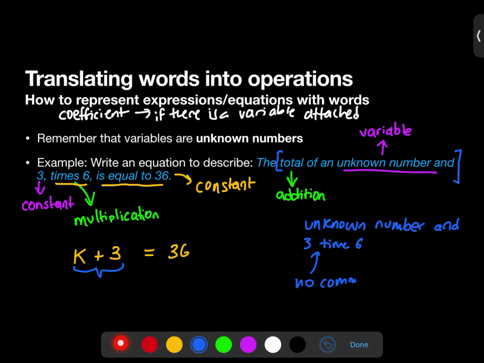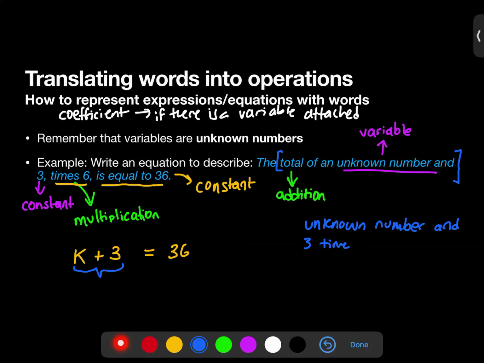So when you're reading these sentences, it's very, very important that you pay very careful attention to punctuation and all of the components of your sentence.